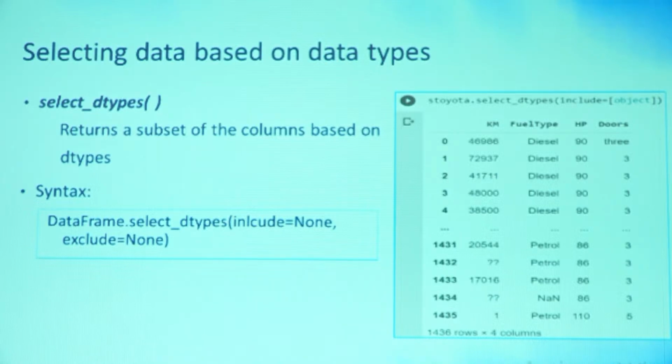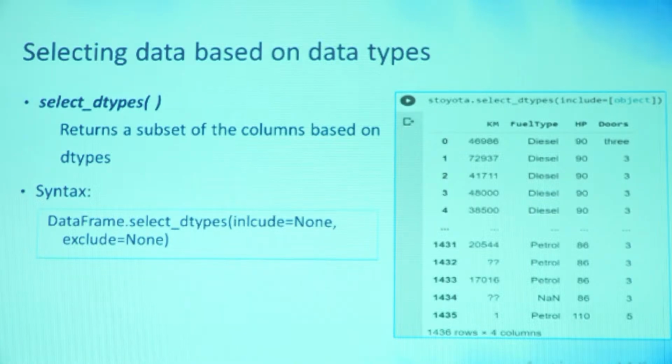Now, you can select the data types based on your data frames. For example, if I use select_dtypes, it returns a subset of columns based on the data types. Which of all the columns belong to int? Which of all the columns of your data frame belong to the type object? Basically, this will help you to understand the presence of null values, NaNs.